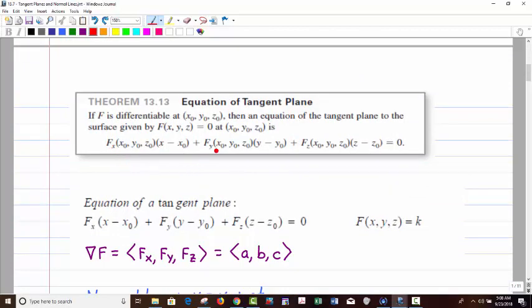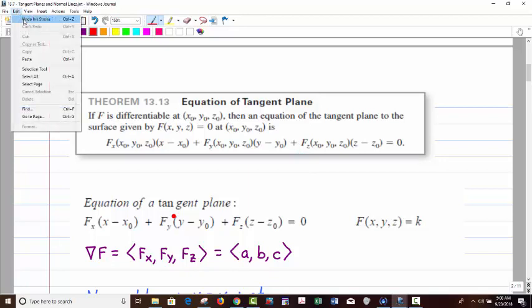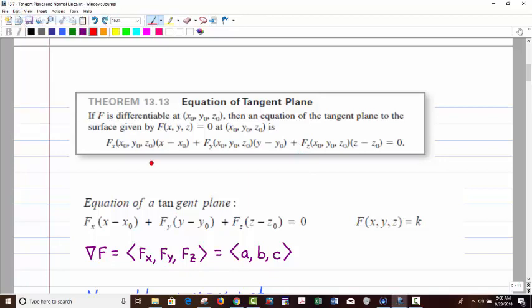It's the fx, fy, fz partials, which I've written right there, equating to what it used to look like there. So that would be essentially your A, B, C. Really it's the same equation, just using the gradient to come up with those values A, B, C. So that's the key: your normal vector is the gradient. Then we can go from there.